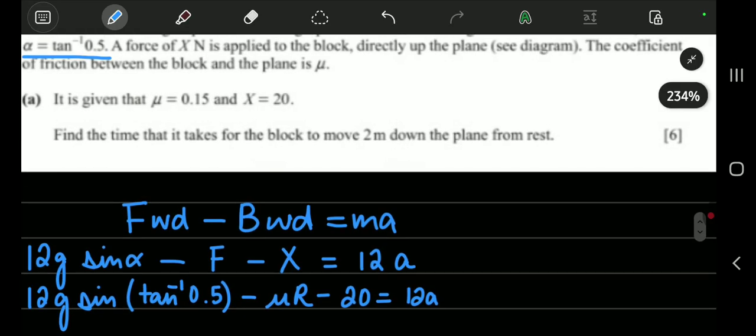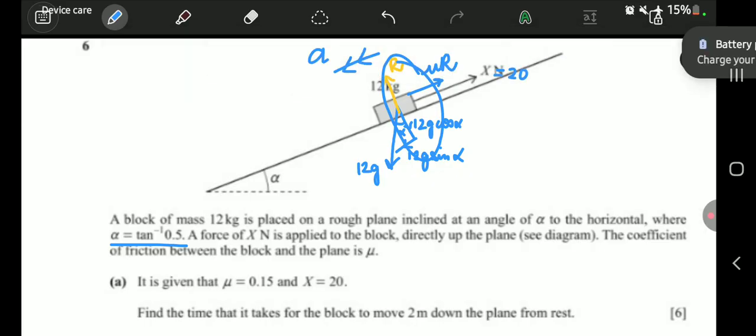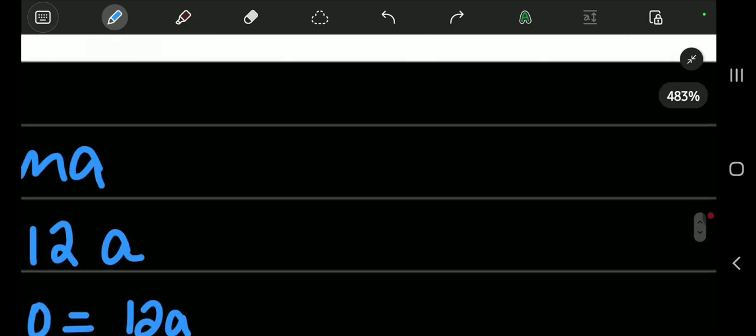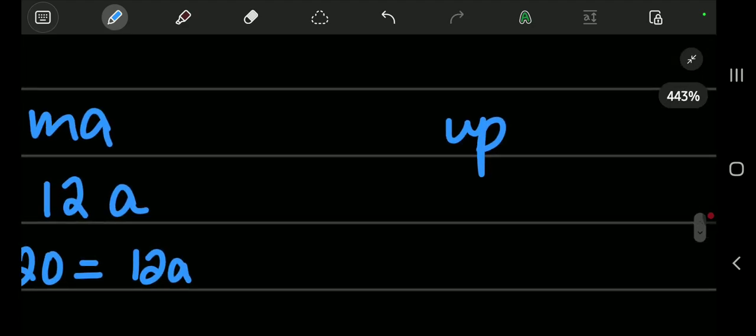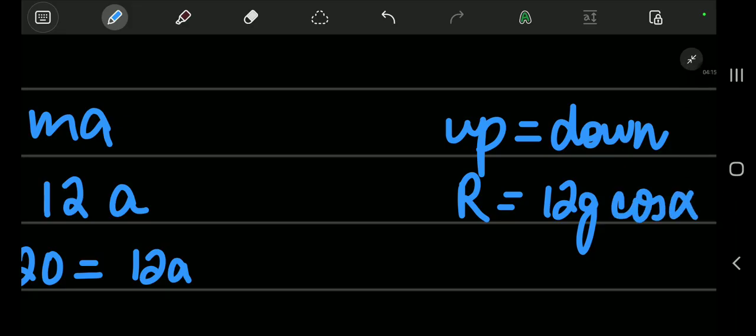What is R? How do we find R? R equals the downward force, since upward forces equal downward forces, so R equals 12g cos alpha.